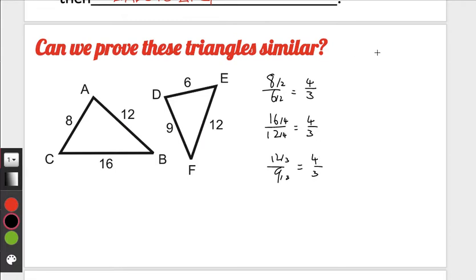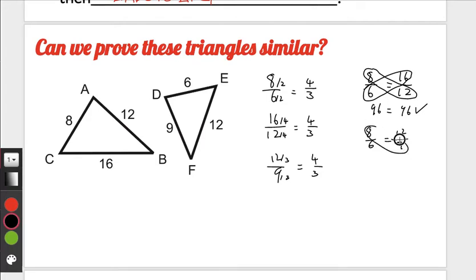Another way to prove it is to write the ratios like this: 8 over 6 and 16 over 12. To prove they're equal, I'm going to use cross multiplication. 8 times 12 is 96, and 16 times 6 is 96, check. So they have the same ratio. Then I use 8 over 6 to check the last one, 12 over 9.